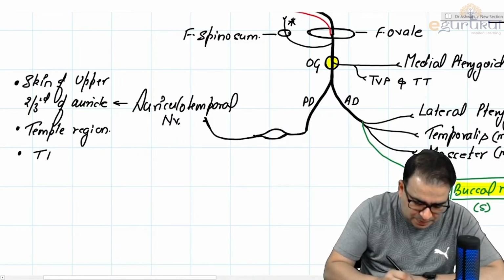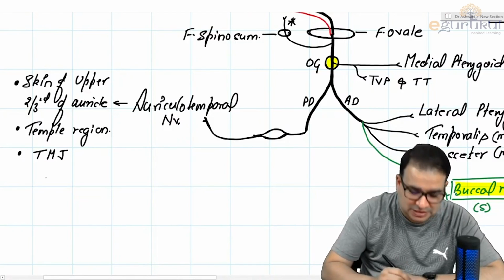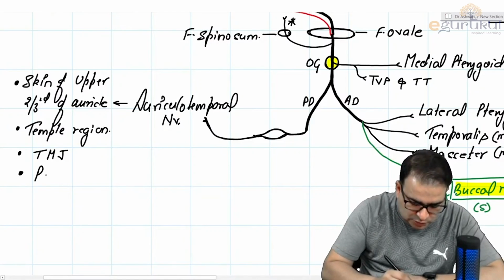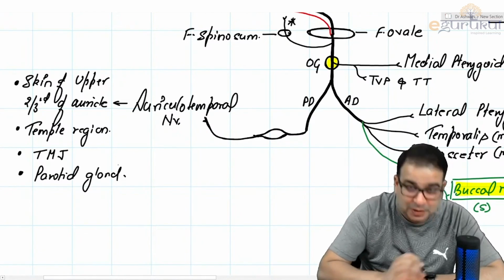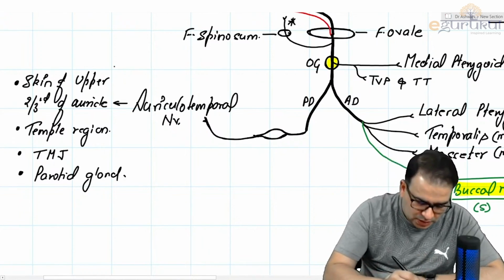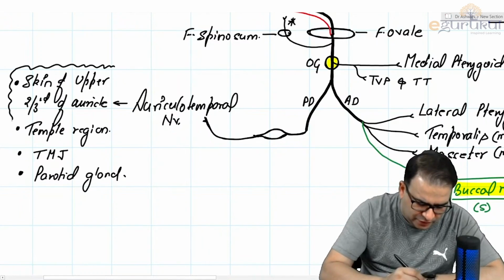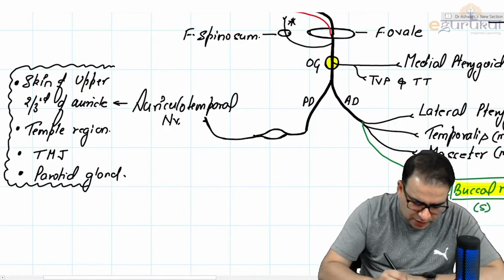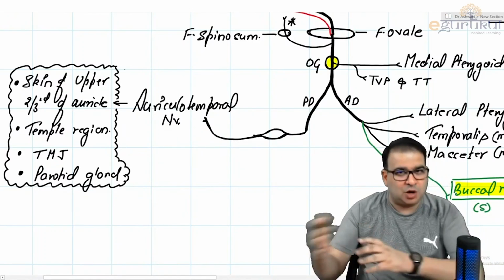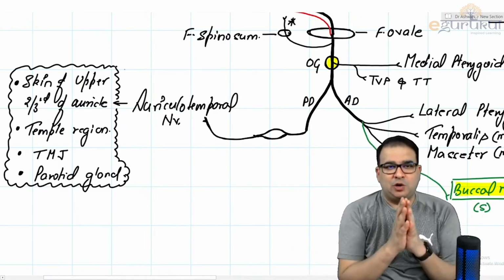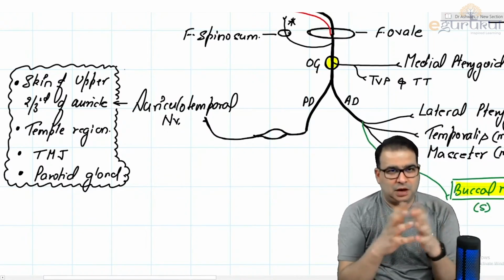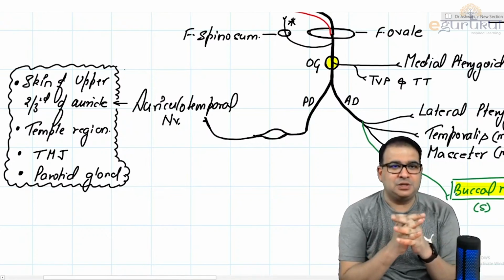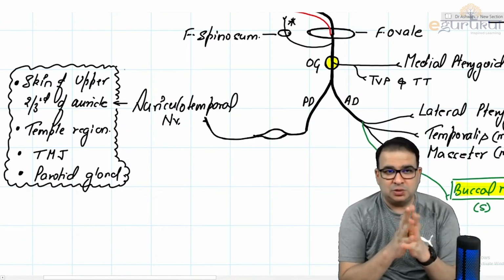It supplies temporomandibular joint, TMJ, and it also supplies the parotid gland. This is all done by the very, very important nerve, the auriculotemporal nerve. You will be able to understand auriculotemporal nerve even better when we talk about the parotid gland actually. So that's the auriculotemporal nerve, supplies skin of upper 2/3 of auricle, temple region, temporomandibular joint also, and the parotid gland.